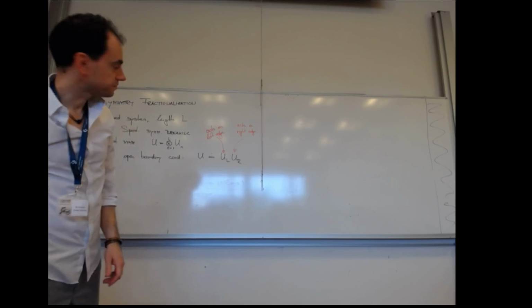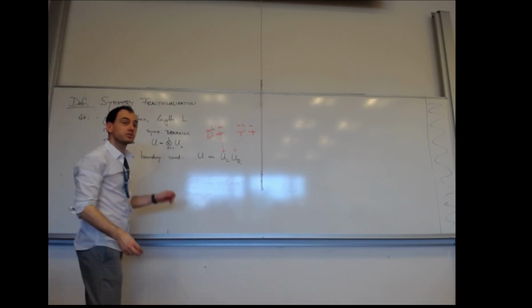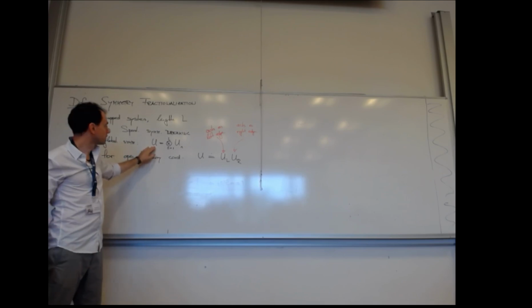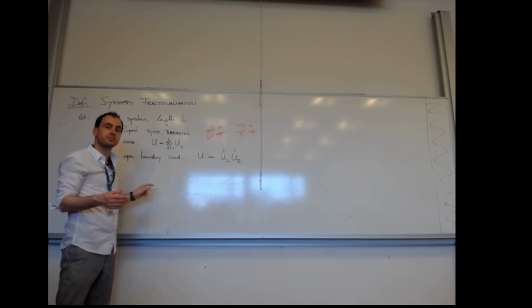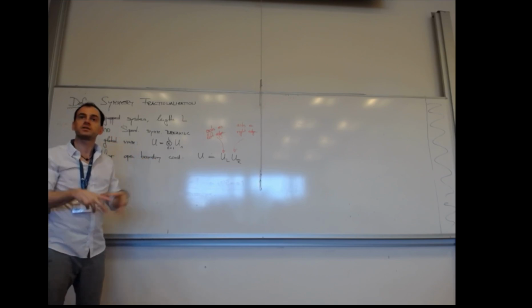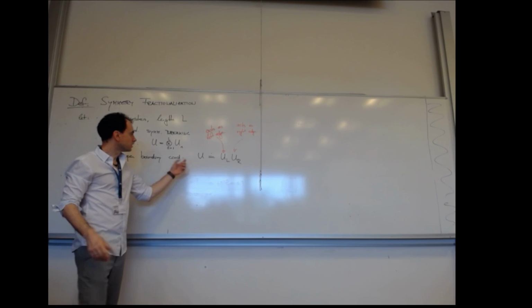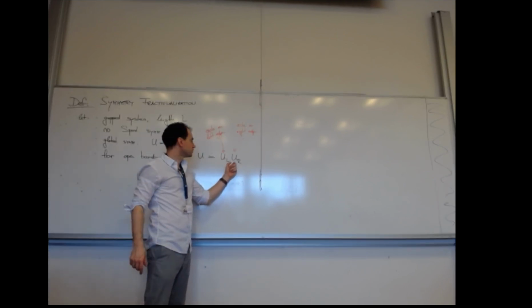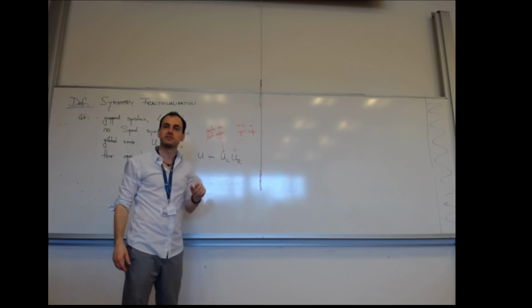What you see is that imagine you have two different operations, U1 and U2, and they have a certain algebra. Maybe U1 squares to 1. Then UL can square to e to the i phi if UR squares to e to the minus i phi.